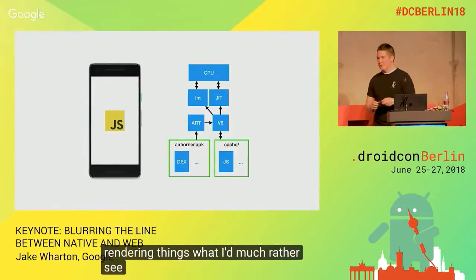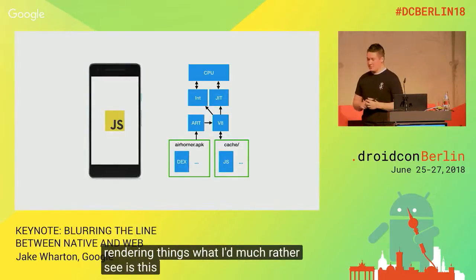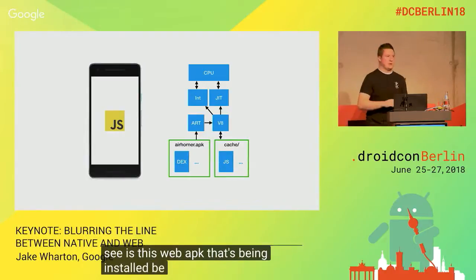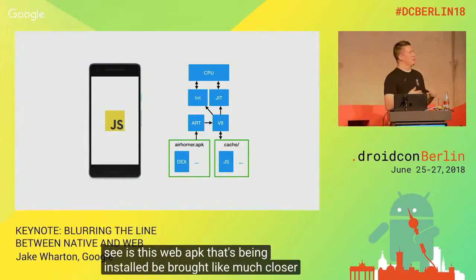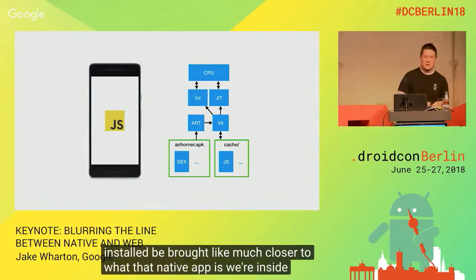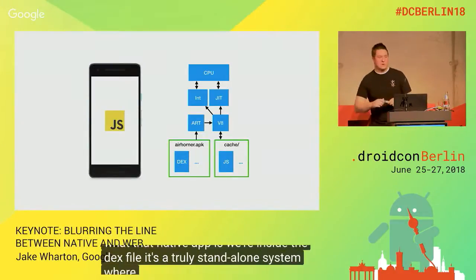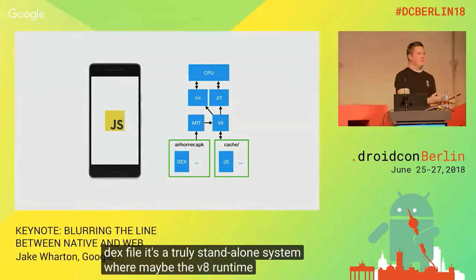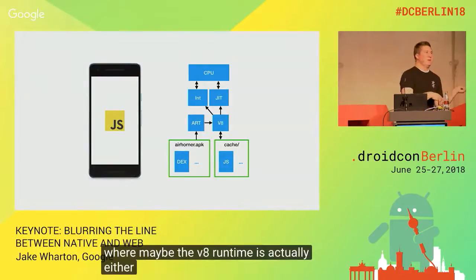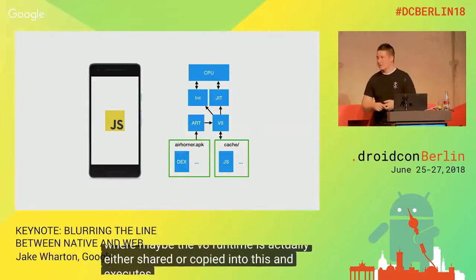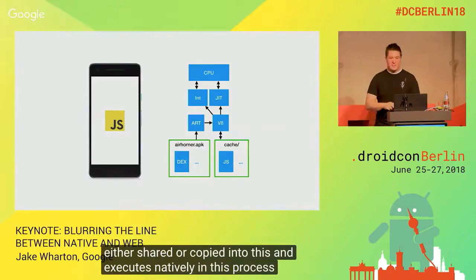What I'd much rather see is this web APK that's being installed be brought much closer to what a native app is, where inside the DEX file, it's a truly standalone system where maybe the V8 runtime is actually either shared or copied into this and executes natively in this process.